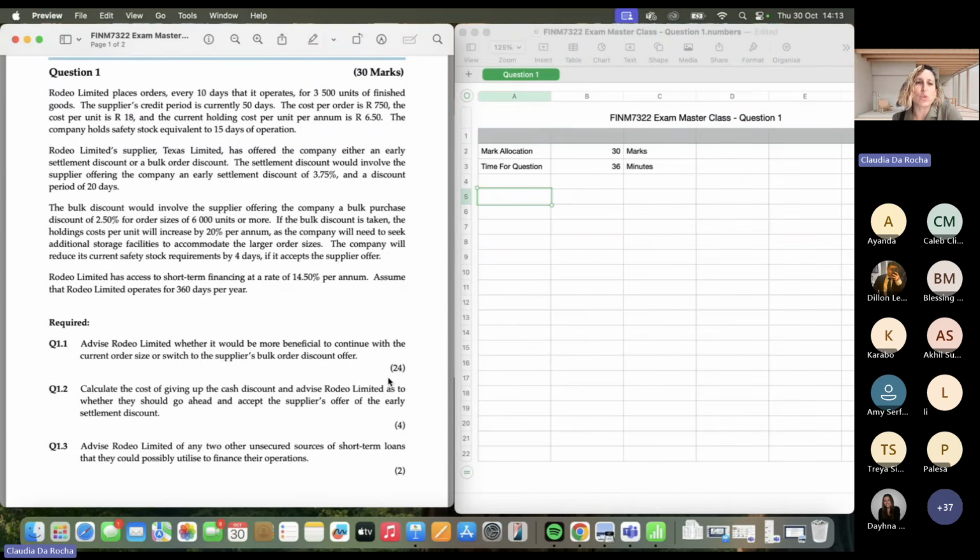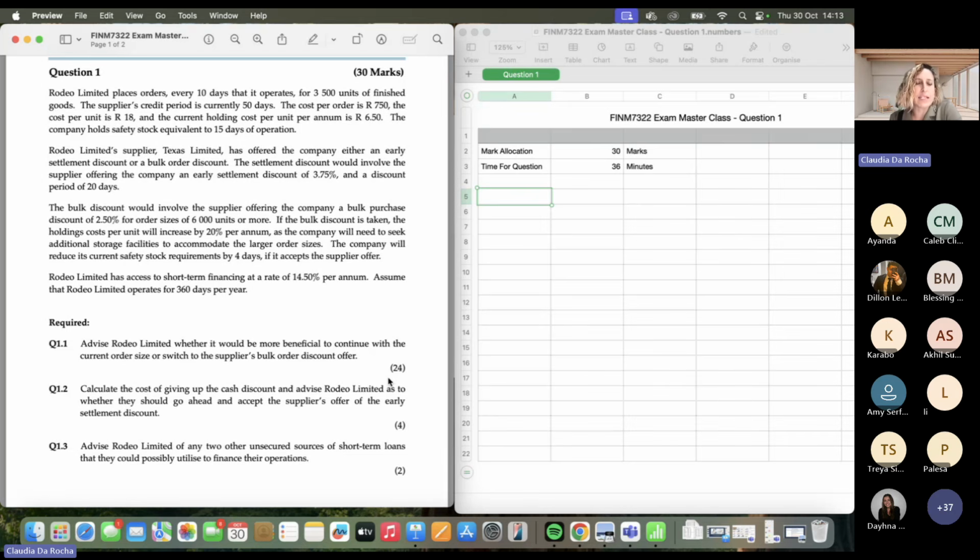It says Rodeo Limited places orders every 10 days that it operates for 3,500 units of finished goods. The supplier's credit period is currently 50 days. The cost per order is 750 Rand. The cost per unit is 18 Rand, and the current holding cost per unit per annum is 6.50 Rand. The company holds safety stock equivalent to 15 days of operation.